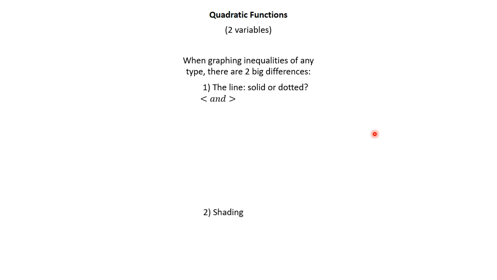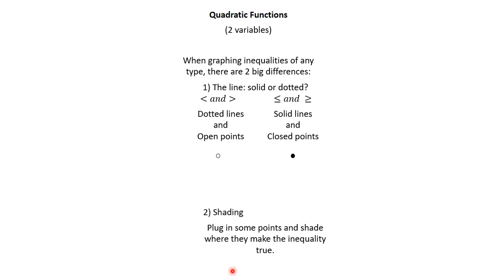If it's just the less than or greater than, as opposed to less than or equal to, greater than or equal to, the less than or greater than are going to give us the dotted lines and open points. Those will be the open lines are dotted, and open points are the ones that aren't filled in. And the or equal to give us solid or closed lines and closed points. And so open points look like that, and closed points look like that.